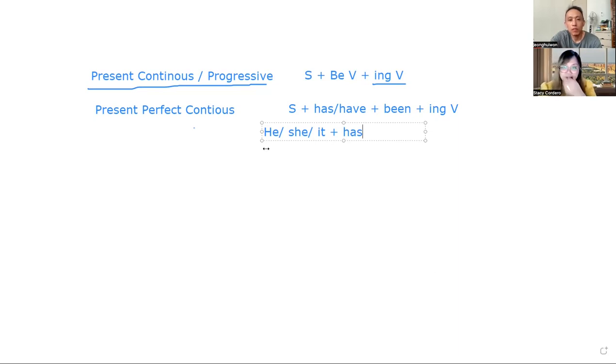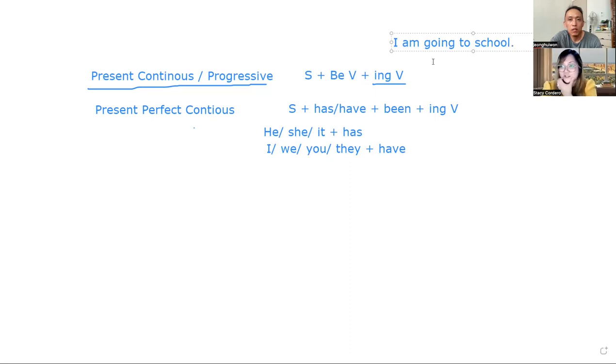Now, if our subject is I, we, you, and they, then we will be using have. Exactly, have plus been plus ing form of the verb. Earlier, you have given me a sentence. Your sentence was, I am going to school, right?